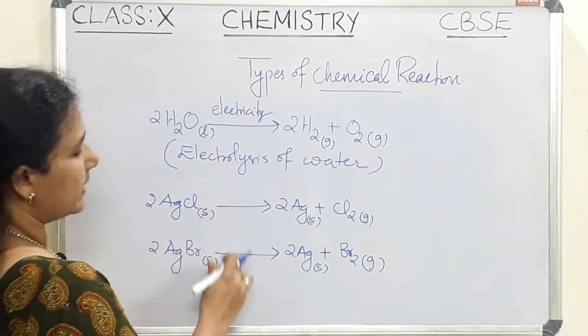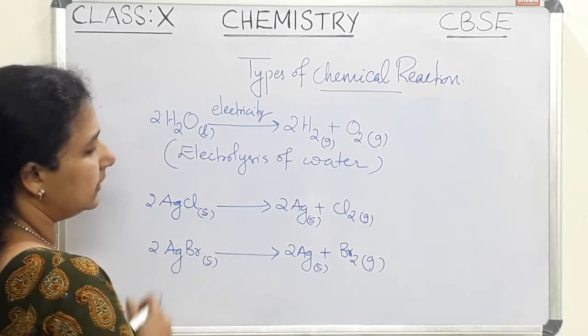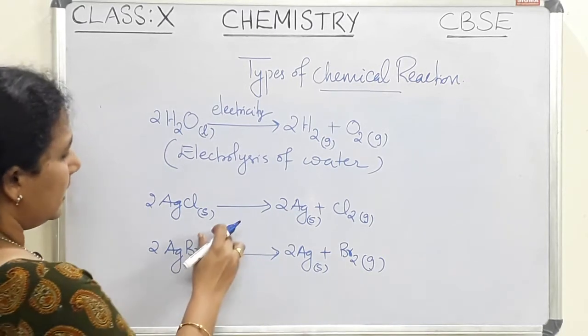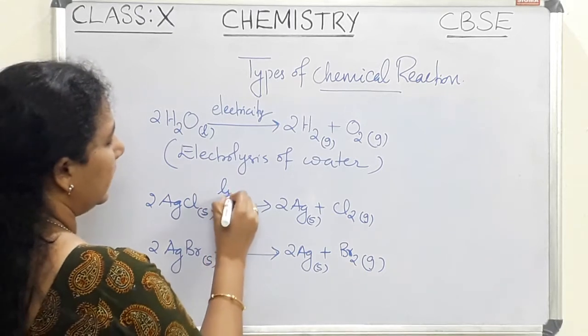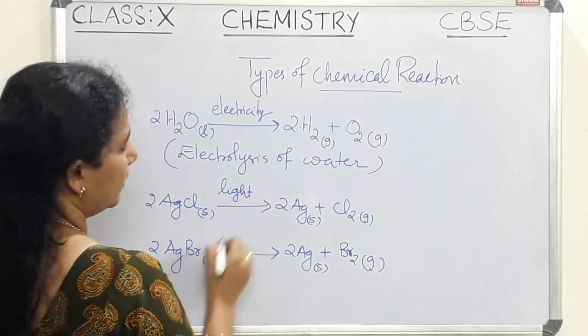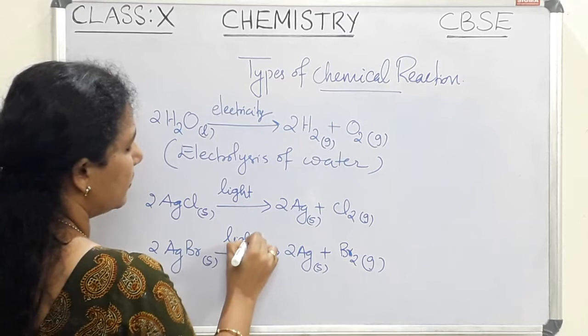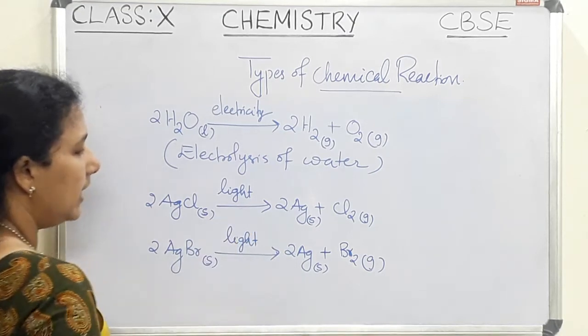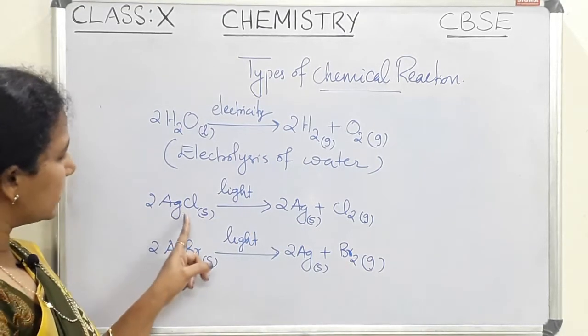So these two examples are another type of decomposition reaction. In these two cases, light energy is used to carry out this decomposition reaction, so we have written light on the arrow. This is silver chloride.